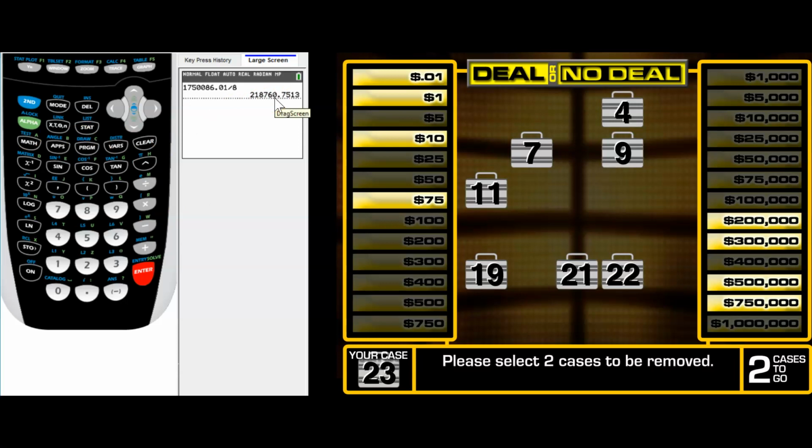And so I want you to compare this number, this expected value, this mean, this average, to the offer that you were given. So they gave you an offer that was a little bit lower than what we can theoretically expect. And so given that it's a little bit lower than what I might theoretically expect, that might be some justification to maybe continue in this case, especially since I've got a number of cases at the high end.